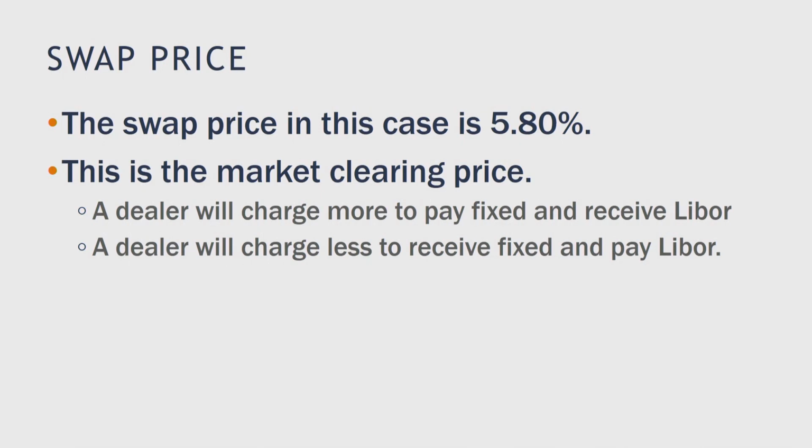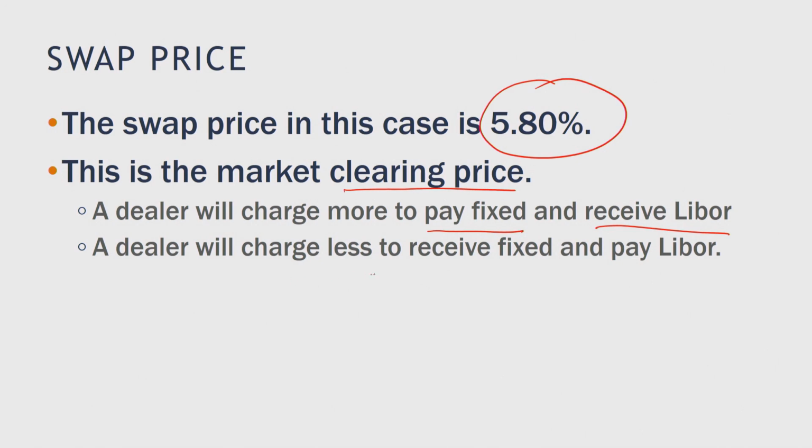Now, if two parties who wanted to enter into a swap could find each other, this is a rate that would be fair to each one of those. However, when we're doing this as a market clearing price, the dealer will actually charge more to pay fixed and receive LIBOR.